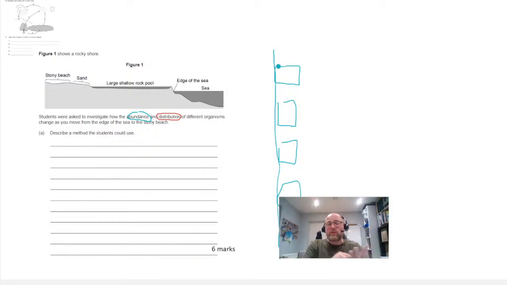So identify the organisms using Google on your phone, using a key card, and then either use percentage cover. You're probably not going to use that. You're probably just going to count them up. So you're going to count the number of organisms in the quadrats, and then you can plot them on a graph. To be honest, we don't need to do the population one. They haven't mentioned population. Population is mean times the total area.